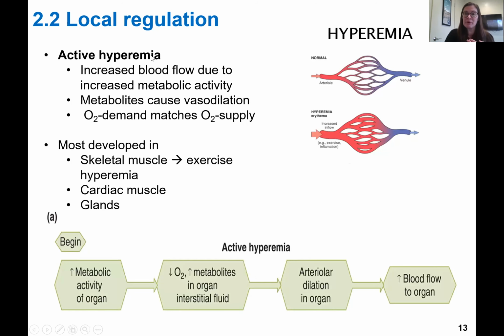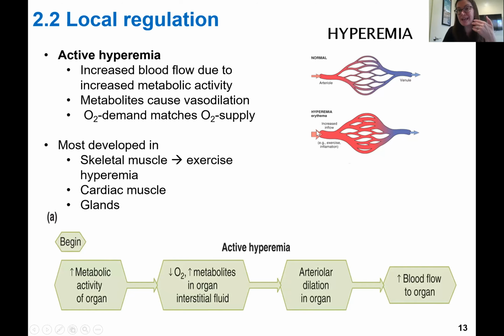So active hyperemia is when you get blood vessel dilation, arterial dilation, leading to a capillary bed of a tissue that is metabolically active. It is doing stuff and it needs more blood to feed that tissue. So the increased metabolic activity of an underlying tissue gives you signals that are picked up by the smooth muscle leading to that capillary bed.